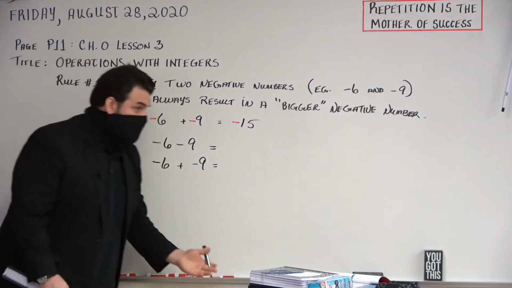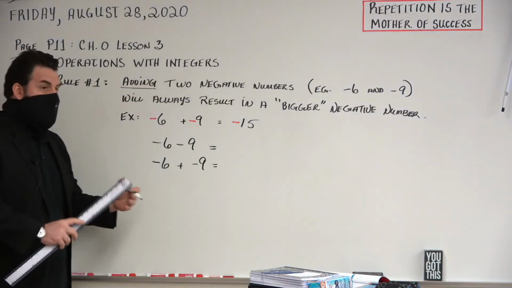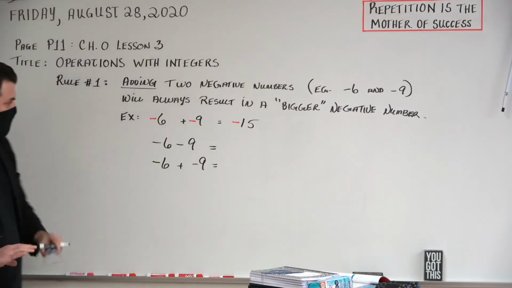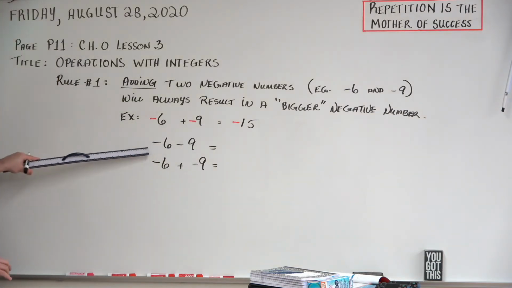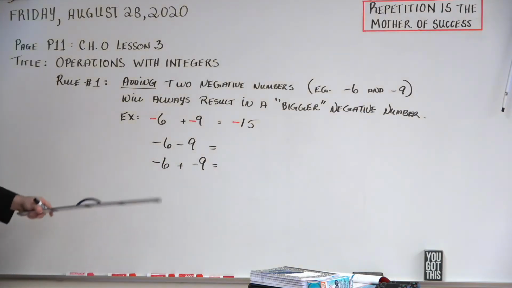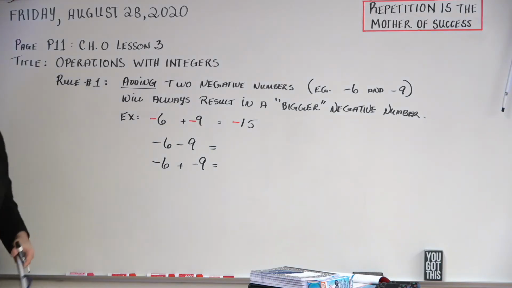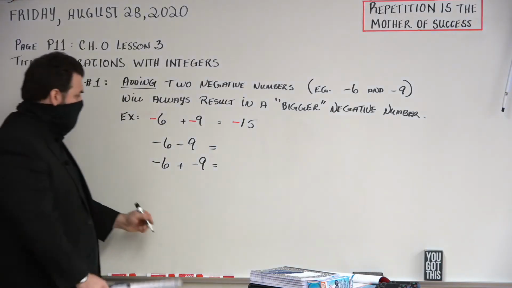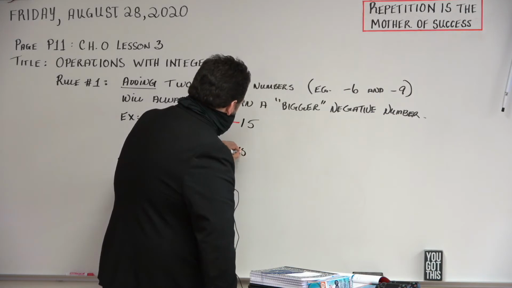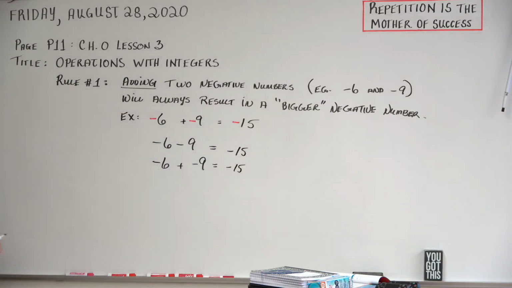We call it subtraction, but we're just adding negative numbers together. So subtracting 9 from negative 6 is the same thing as adding negative 9 to negative 6. They both result in negative 15. Okay?